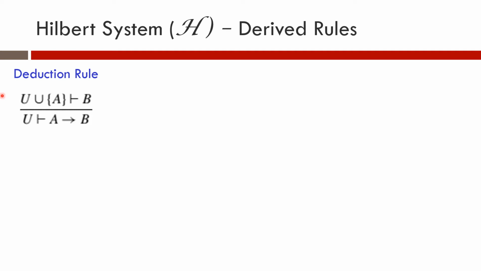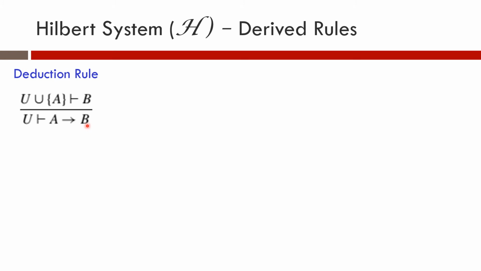If that is the case, then we can say that with the formulas in the set U, we can prove A implies B. We can take this formula A, which was in the set of assumptions, to the right side, and we can say that with the set of formulas in U, we can prove A implies B. So this is the most important deduction rule, or derived rule, which we will be using in proofs.